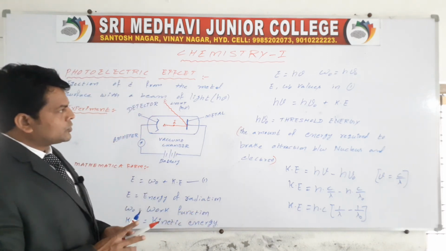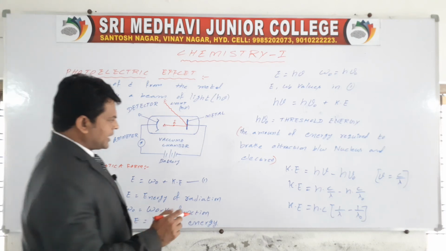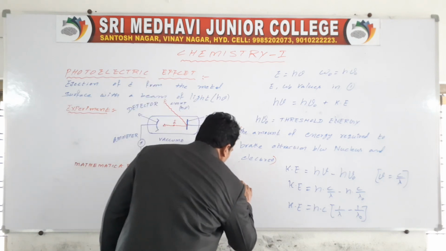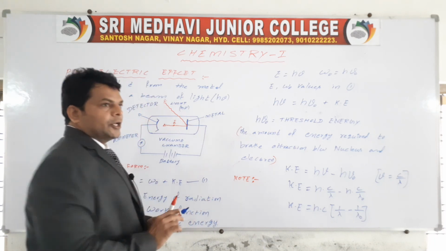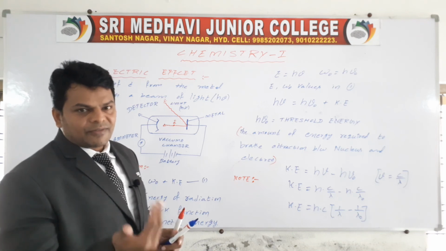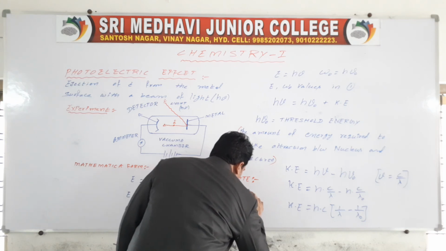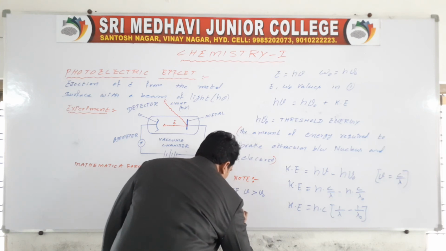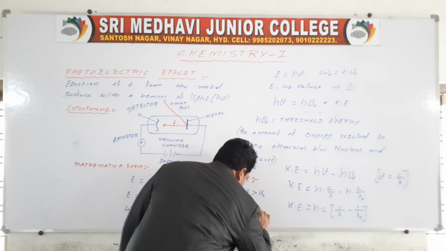So here you have to know an important note. After completion of this you have to write a note. Important note: if nu greater than nu naught, then only ejection of electrons takes place.